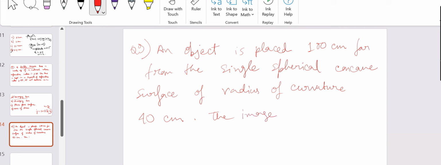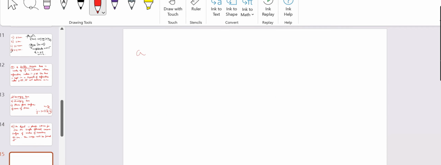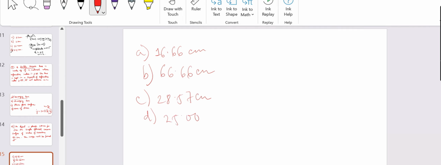The image will be formed at: A, 16.66 centimeter, then B, 66.66 centimeter, option C, 28.5 centimeter, option D, 25.00 centimeter. So the object is at 100 centimeter from a single spherical concave surface.